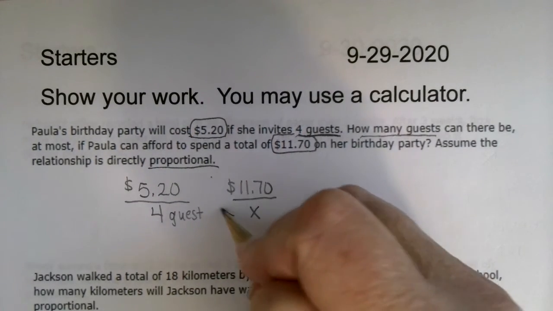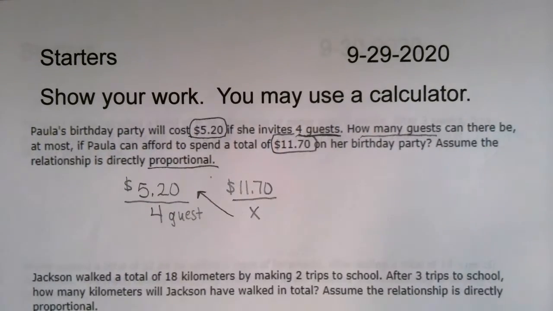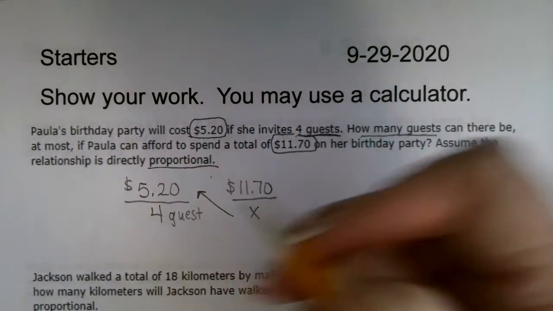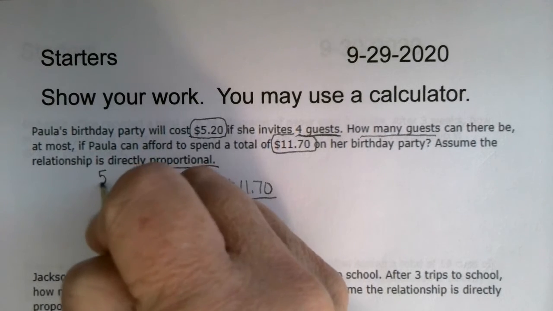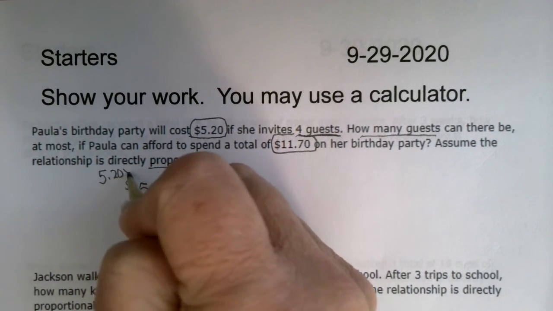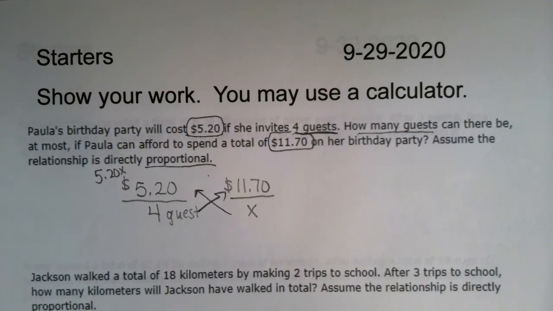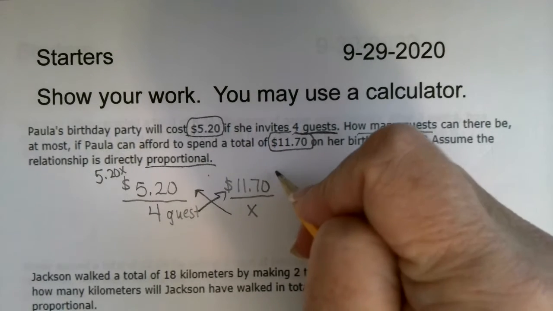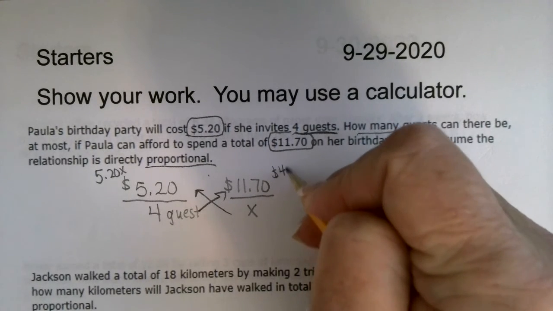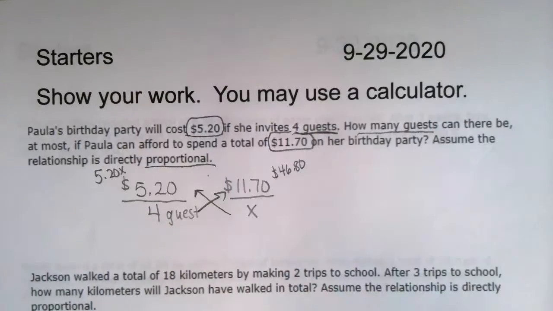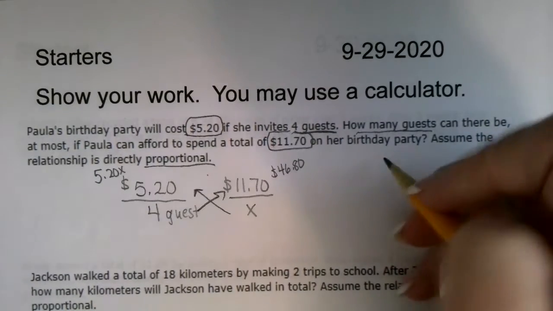And then we just cross multiply. So we've got $5.20 times x is $5.20x. And then we have $11.70 times 4, which is $46.80. Those two things have to be equal.